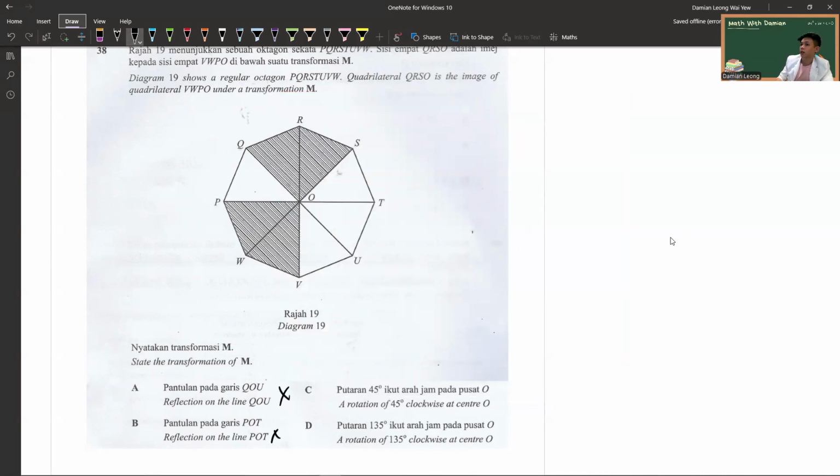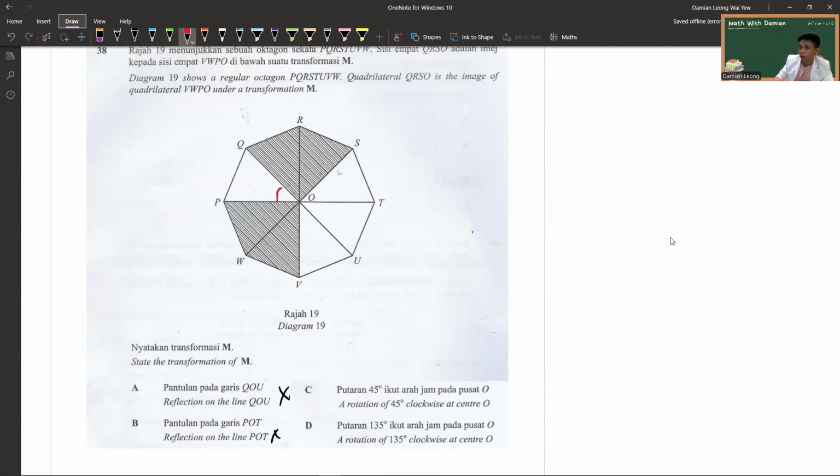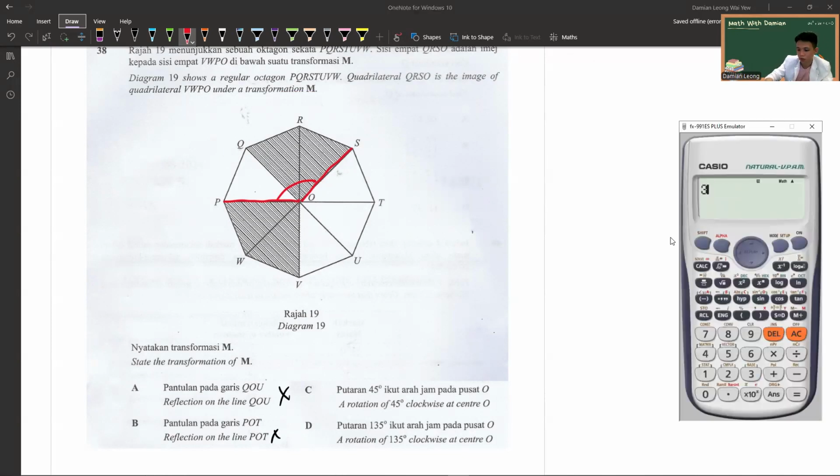Rotation. I want to see the angle that it rotates. When you rotate, don't go and rotate from this line to this line. It doesn't work like that. We have to compare the same one. So from this until this line means this angle. You see, 360 degrees divided by 8. Each box is 45.